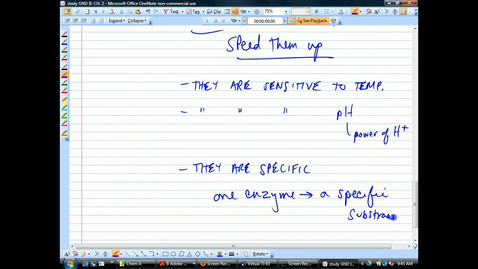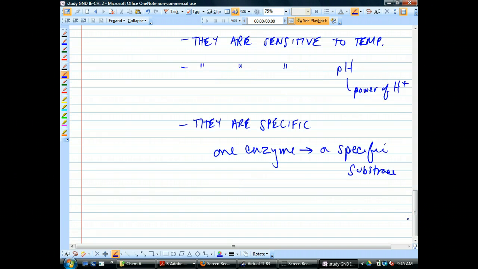So in other words, if you're lactose intolerant, taking Beano will not help you. Okay? And if beans give you gas, taking Lactaid will not help you. It has to be the right enzyme. Why? Because they have a specific shape that has to fit a specific substrate.